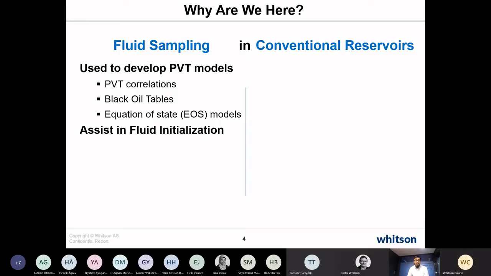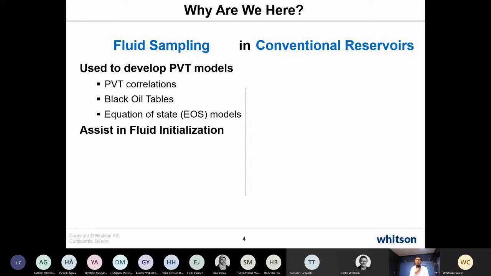The second important reason why we collect samples is to get help on the fluid initialization. And what do we mean by fluid initialization? It means that we would like to know the exact composition that exists in situ in the reservoir.